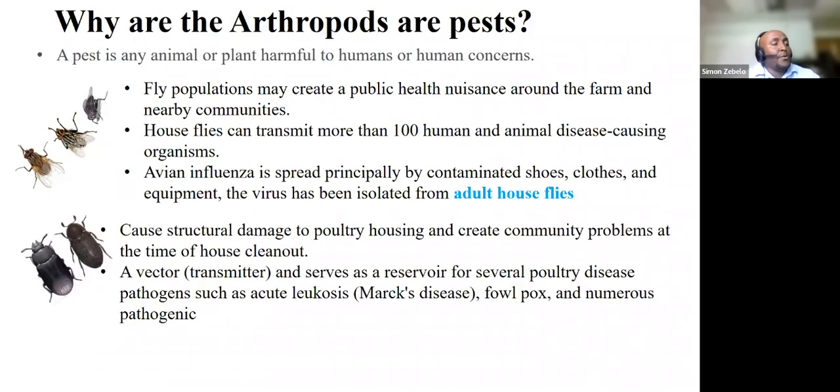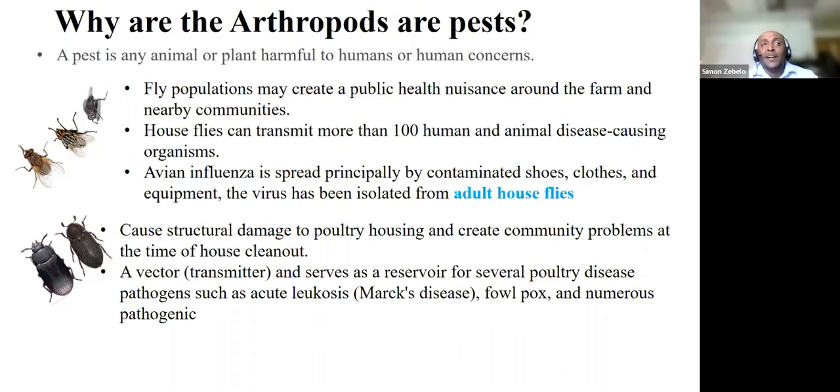And the second important pest in poultry operations is the mealworms or darkling beetles. They cause structural damage to poultry housing and create community problems at the time when the house is cleaned out.